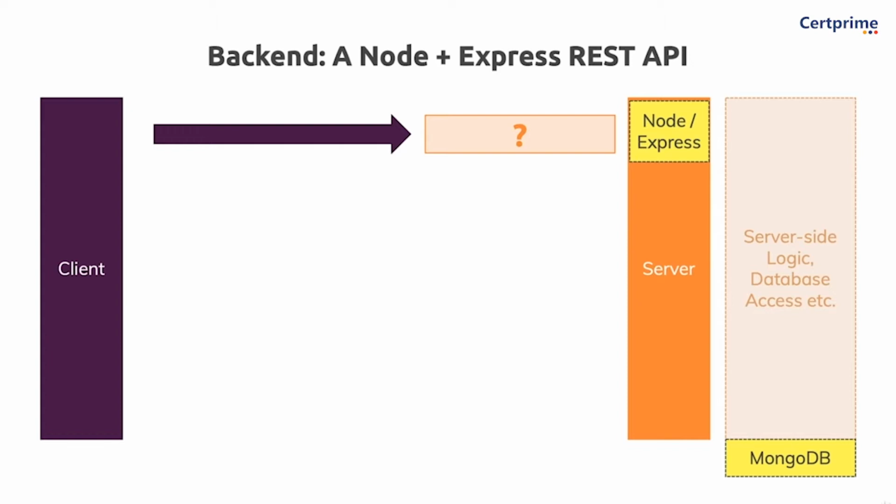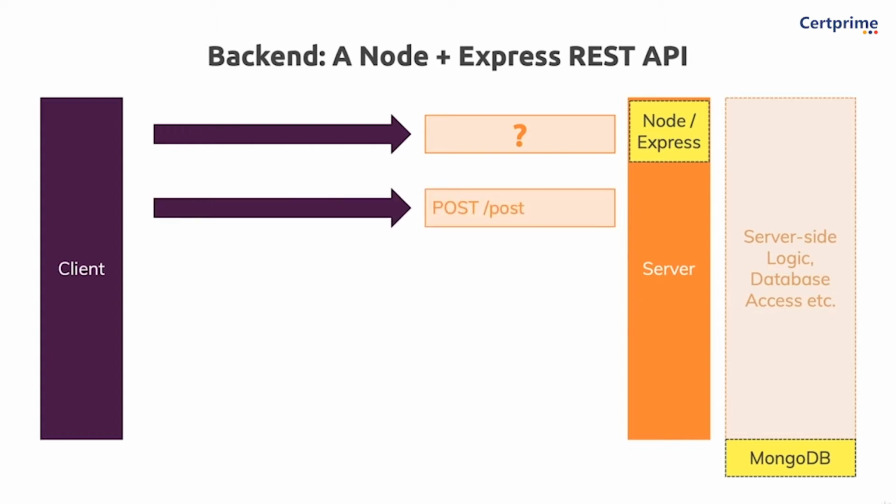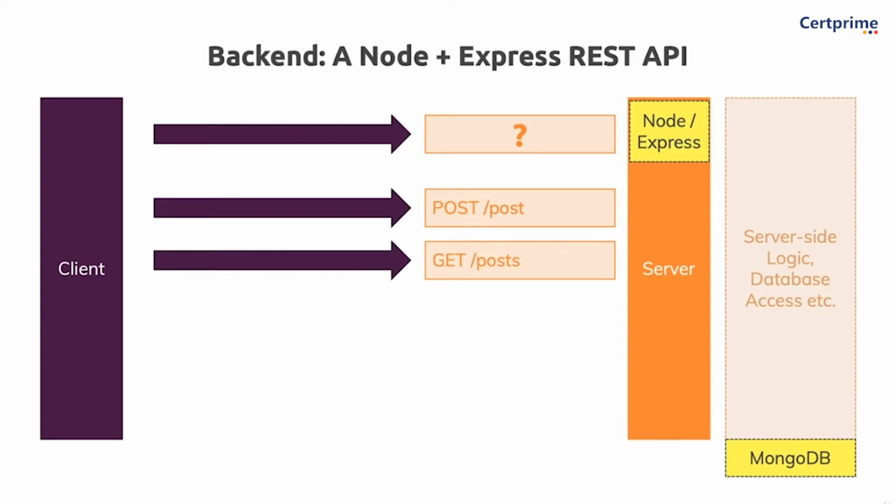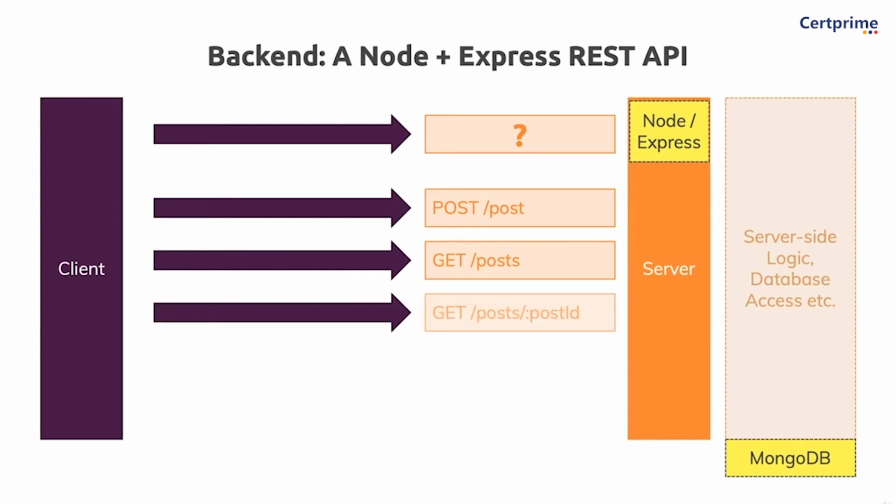For example, we could be sending a post request with the post HTTP verb to the /post URL, or a get request to /posts, or a get request to /posts/ and then some dynamic path segment, which Node-Express also supports, so that we, for example, could have different IDs of posts which are parts of our incoming requests.